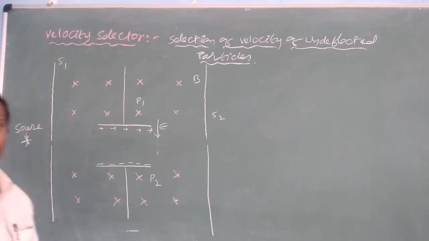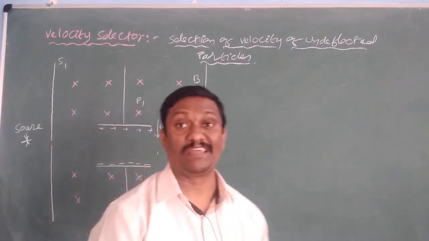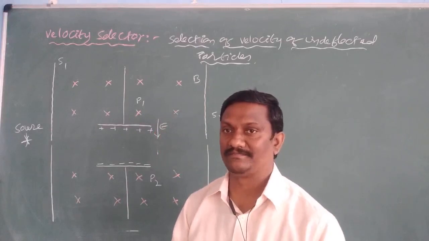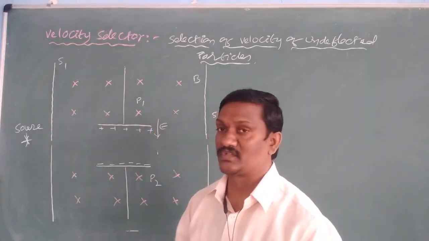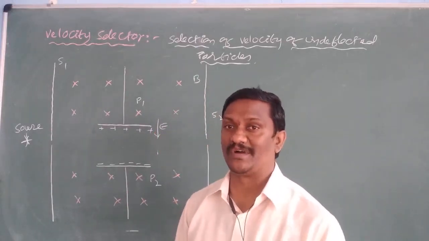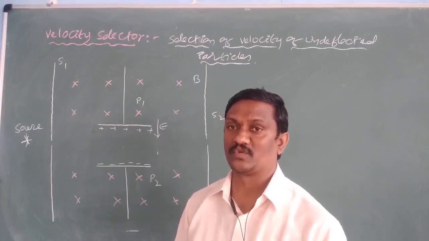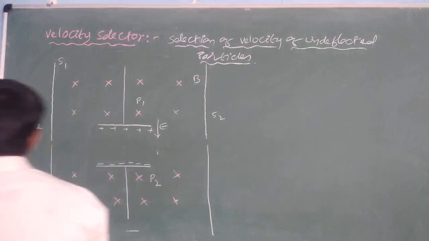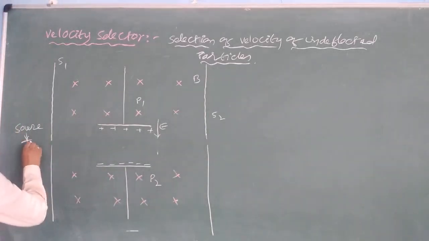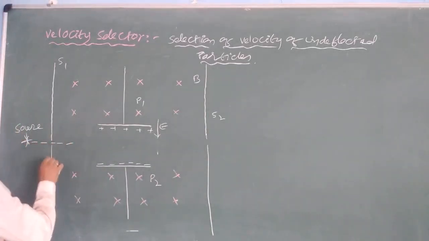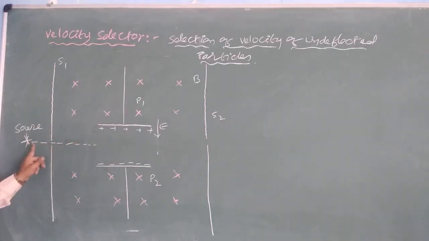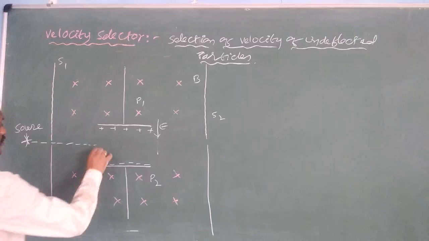We know a source of sound emits sound, a source of light emits light. But here the source emits charged particles. From this source, charged particles are coming, passing through the slits. That means a narrow beam of charged particles passes through slit S1 and enters both fields.